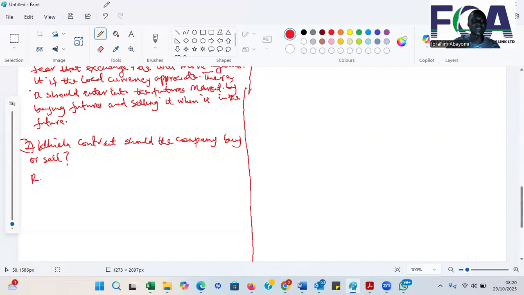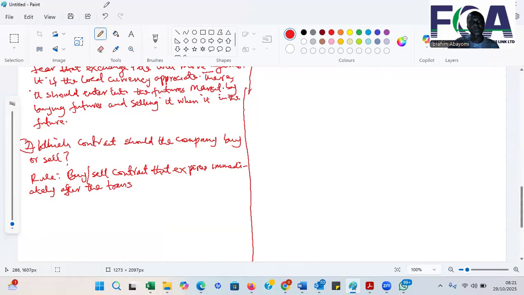The rule is that the company should buy or sell contracts that expire immediately after the transaction date. After the transaction date. Okay.